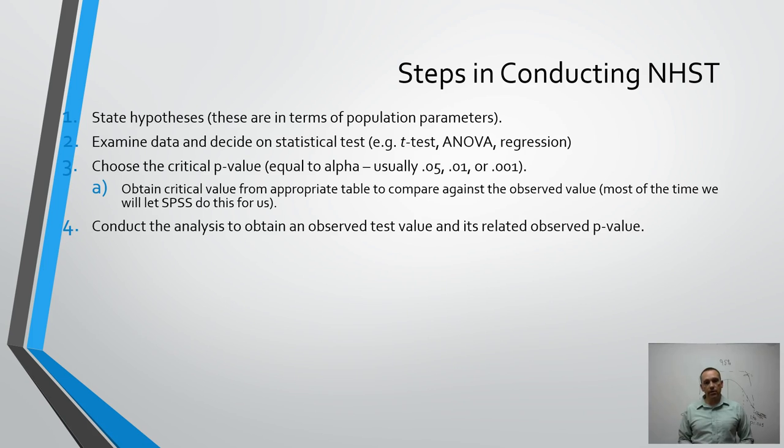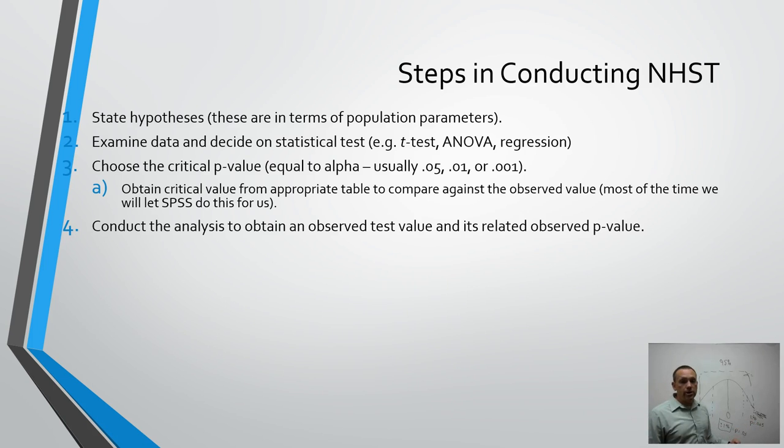All right, the fourth step is that we want to actually conduct the analysis then to obtain the observed test value. Okay, so now we've set what our parameters are. Part of the question we're asking is the values that fall here or the values that fall here. We're now going to run our analysis, and we're going to see whether or not it falls in this region or not. So we could imagine, let's say we're looking at a program to improve ACT scores, and let's say we finish our program and our ACT score gets some value, and we convert it to a z-score, and that z-score turns out to be 2.05.